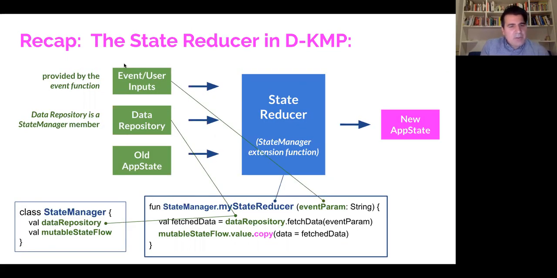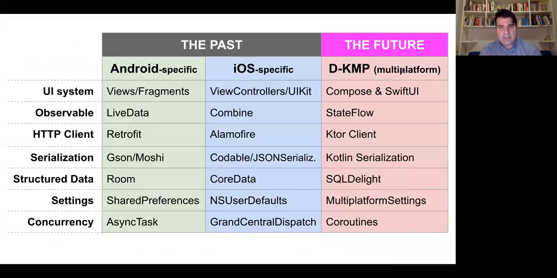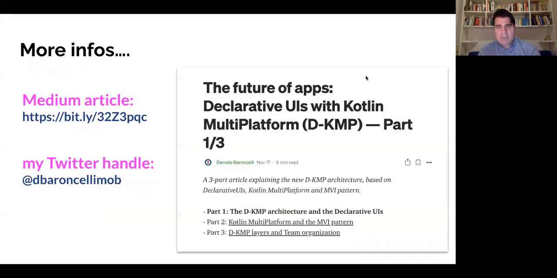Do you have a post-tutorial GitHub repo with examples? At the moment, you can find more information in the Medium article which I linked. It's called The Future of Apps, Declarative UIs with Kotlin multi-platform, and it's a 3-part article. Thank you for sending the link.